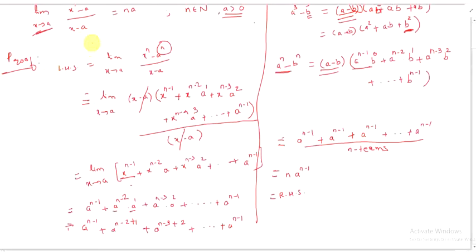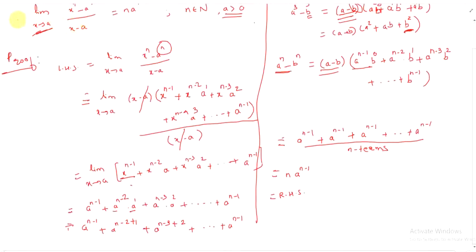Here, for that purpose, we obtain this term, that is x minus a upon x minus a, and due to this we get the term x minus a, and x minus a get cancelled, then there is no denominator. Therefore there is no question about the denominator, only the numerator is there.